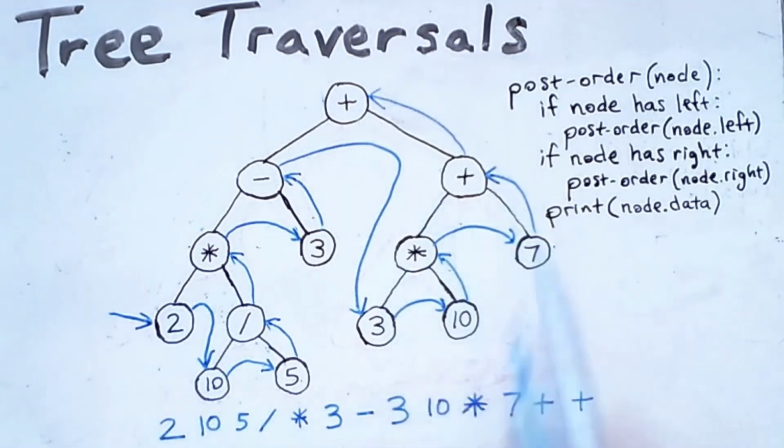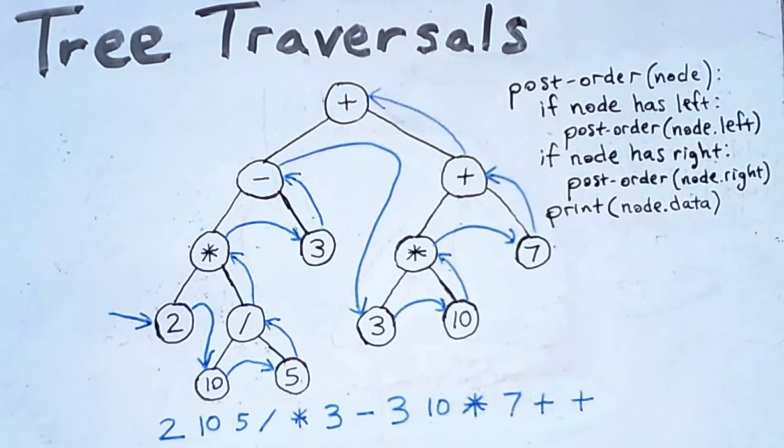This is the traversal order, and hopefully this is clear, but I just want to emphasize that all of the traversals we've done, so the in-order, the pre-order, and the post-order, although they produce different expressions, when you evaluate those expressions according to their own rules, so you evaluate the postfix expression like a postfix expression, or the prefix expression like a prefix expression, they will all evaluate to the same result.